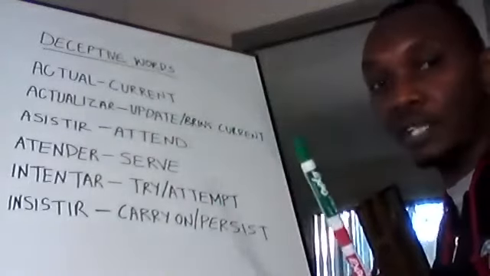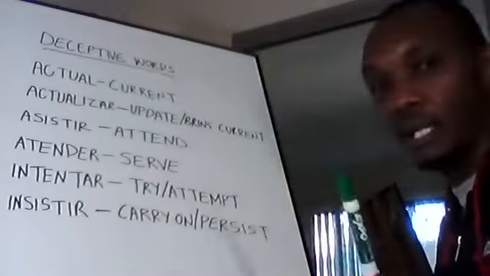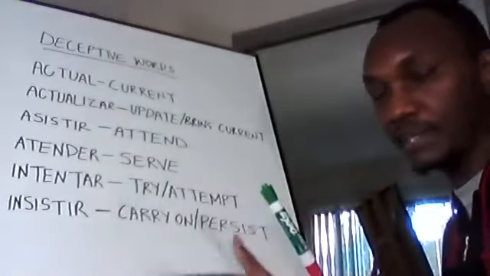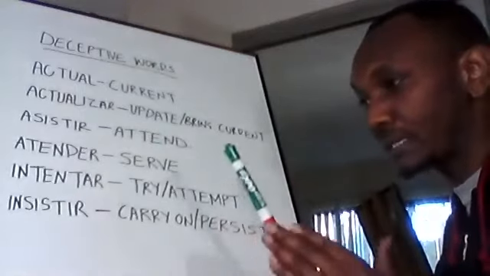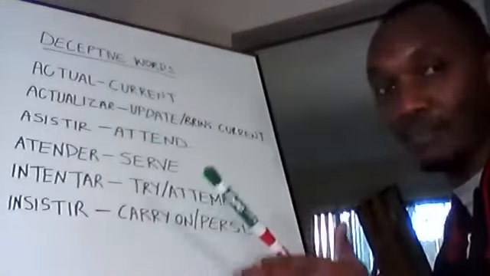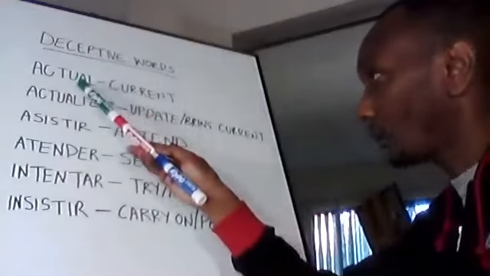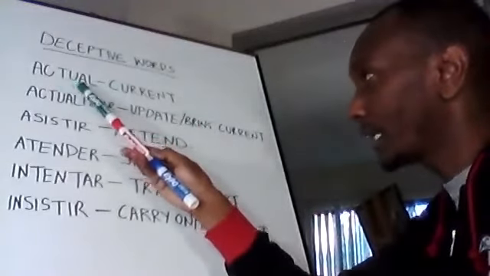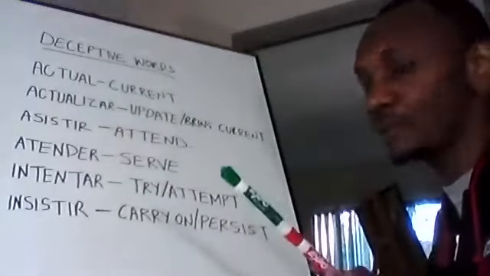But in Spanish, it actually means current, like current situation, current time. We are talking of something in the present time. So actual means current. When you look at it, don't think it means actual in Spanish.